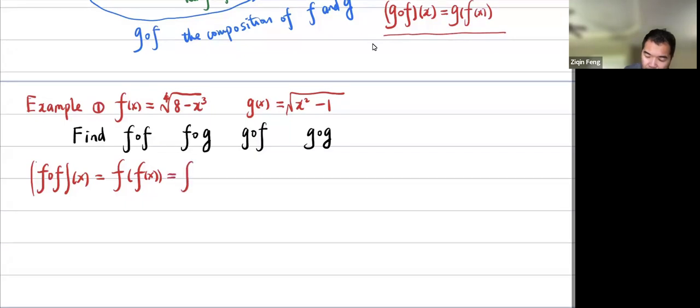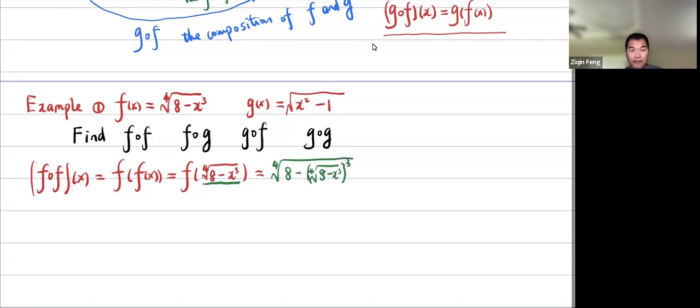So this is f of the fourth root of 8 minus x cubed. And so this is equal to, now you consider this term as a variable and replace x by that, the fourth root of 8 minus the fourth root of 8 minus x cubed, then to the power 3. So that's f composed with f.